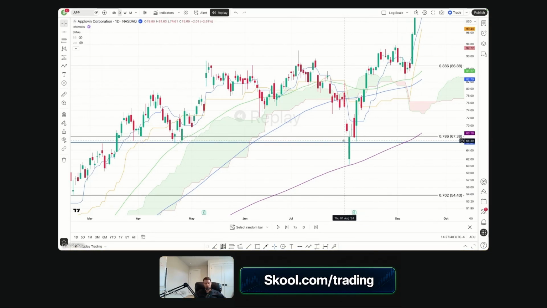So here, we closed, then we had support. But if we started to lose this 200-week moving average, and then we made a lower high, and then we made a break of structure to the downside, then those are more confirmations after the warning sign in the change of character.